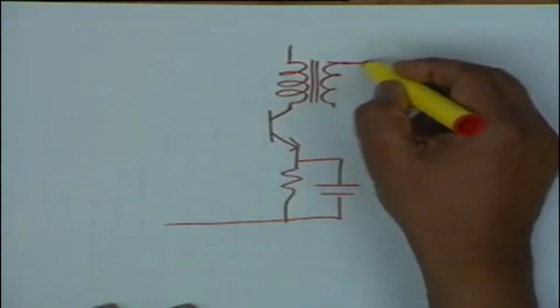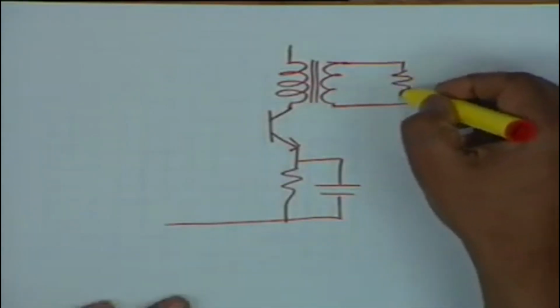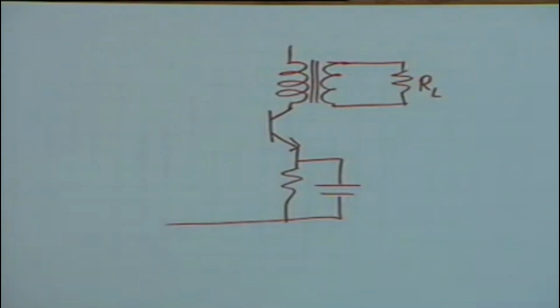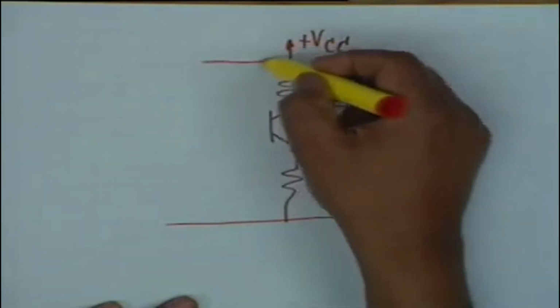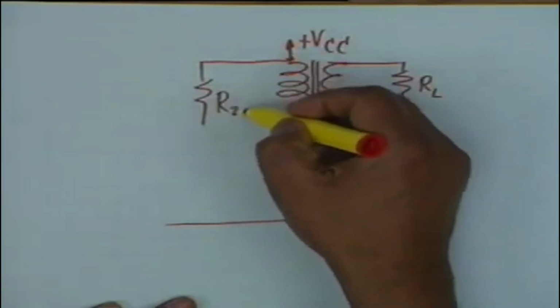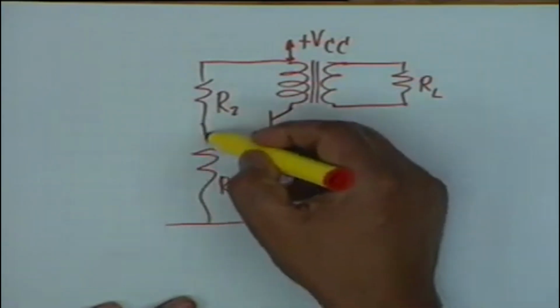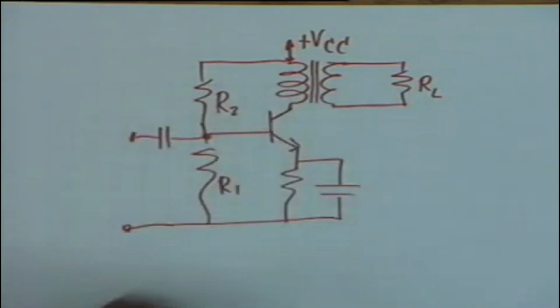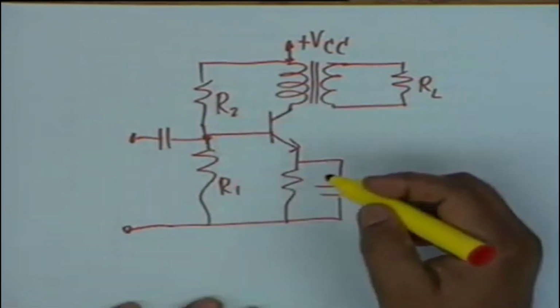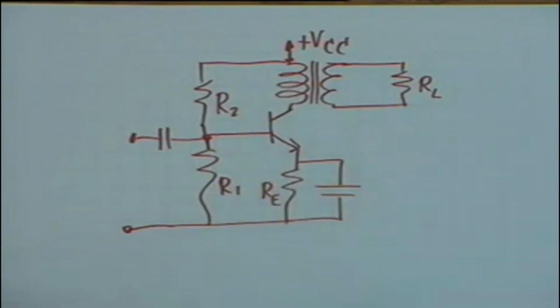Instead of a resistance in the collector, we had the transformer primary, and to the secondary is connected the actual load RL, which could be a loudspeaker, and then this goes to plus VCC, and the usual biasing circuit, there is a resistance R sub 2 and a resistance R sub 1. The input signal is applied between these 2 points. It is either a voltage source or a current source. This is RE, this is a bypass capacitor, and we saw several advantages.